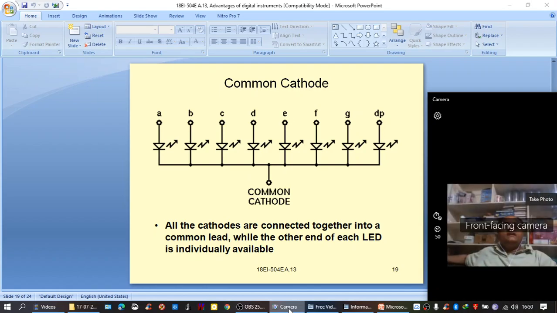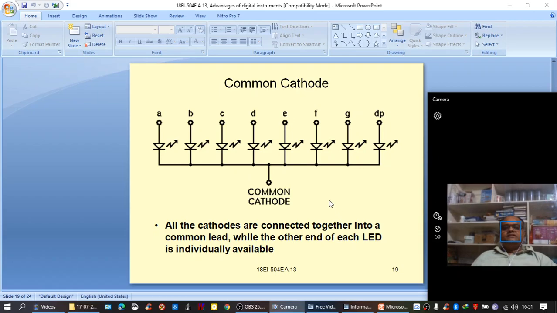The second type is common cathode type of 7-segment display. In common cathode type of 7-segment display, all cathodes are connected together and the common point is connected to ground, whereas anodes are left open here.